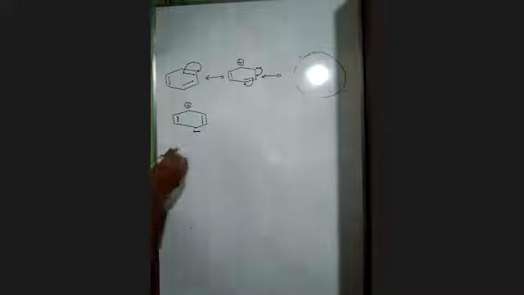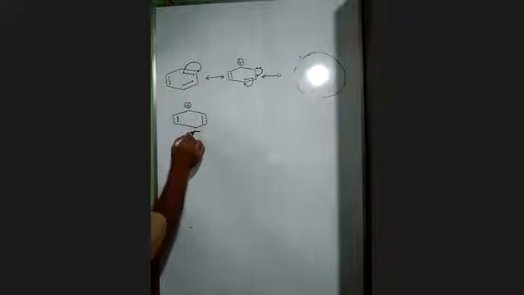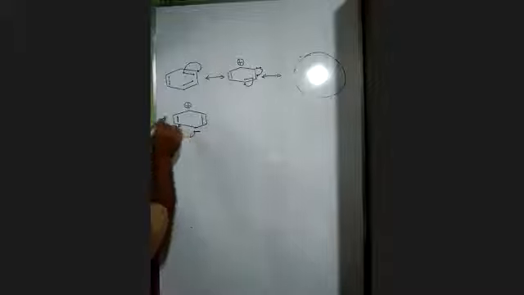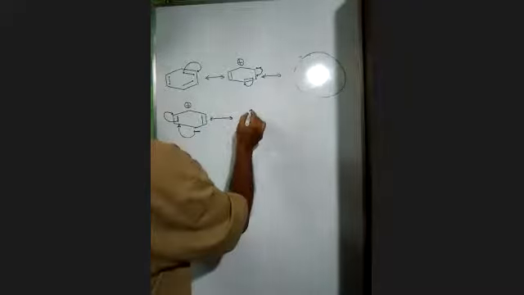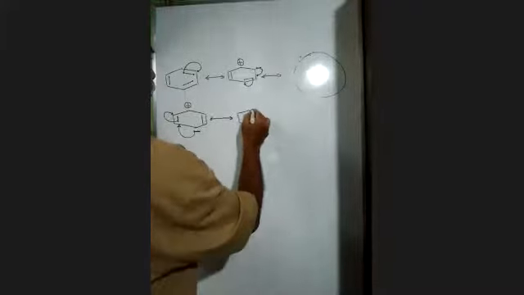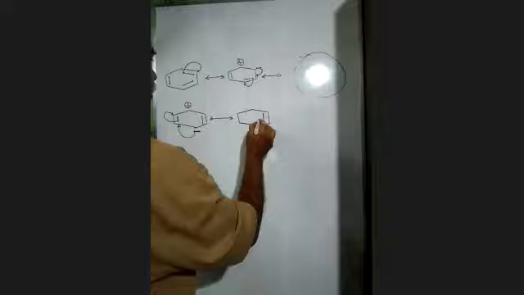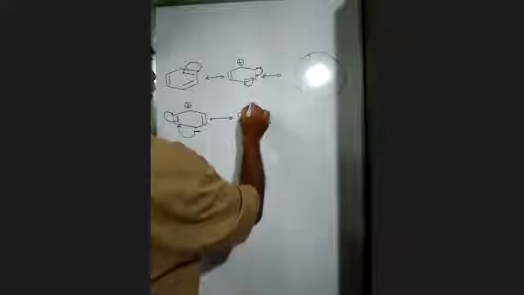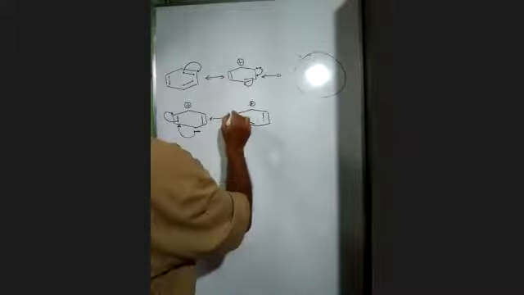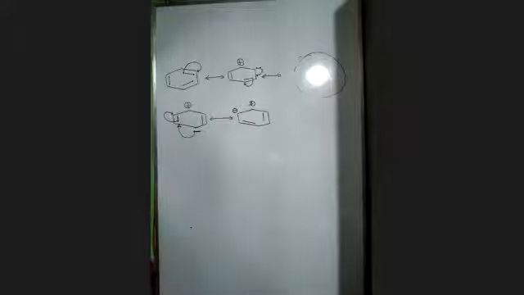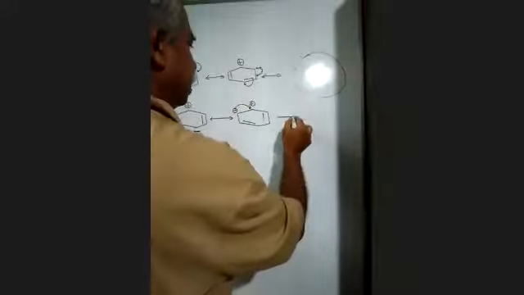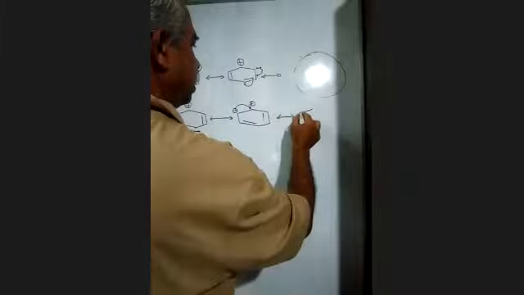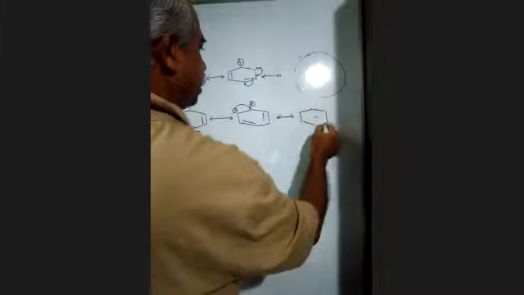Now, this electron again migrates. When it migrates, this electron again will come here. So the structure becomes this. Finally, its journey is over and it forms the structure.